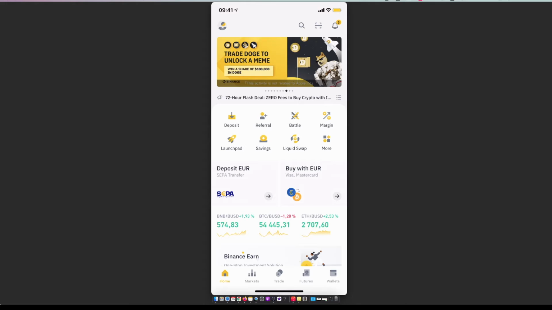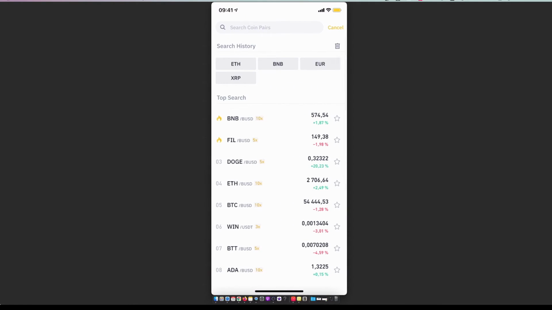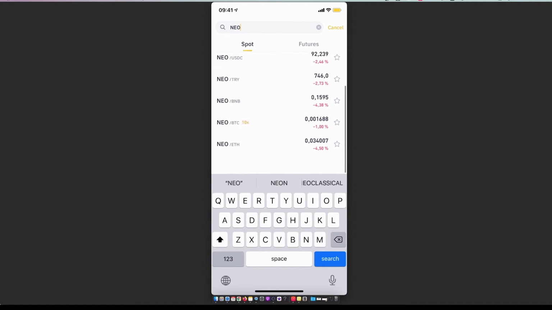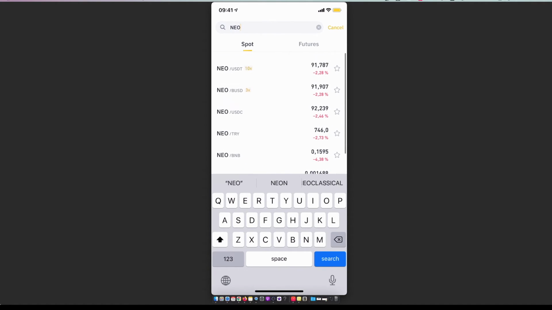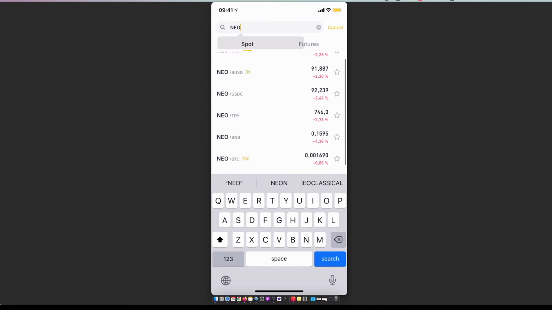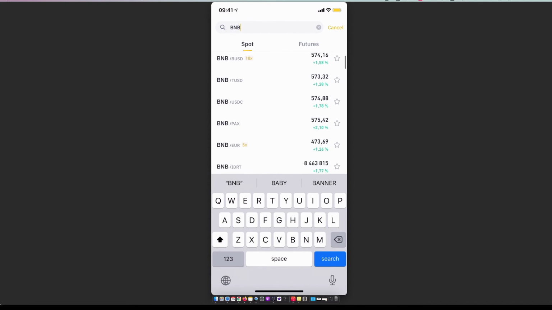And for example, if I want to buy NEO, as you can see here, NEO does not support euros or other fiat money. But I see that I can trade Binance Coin to NEO. And if I want to get BNB, which is Binance Coin, I can see that I can get it with euro.